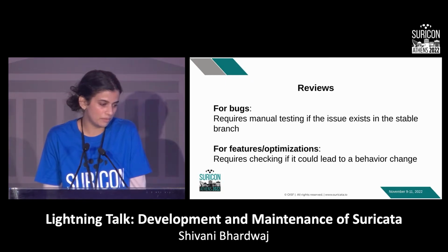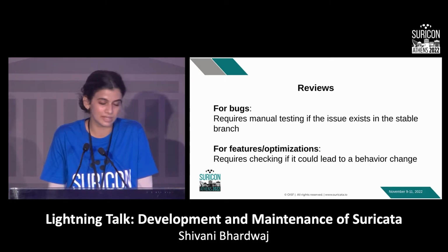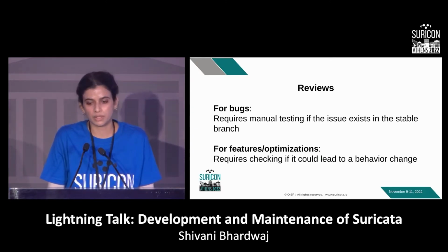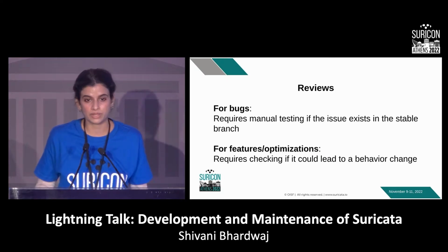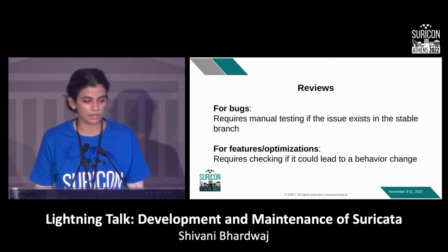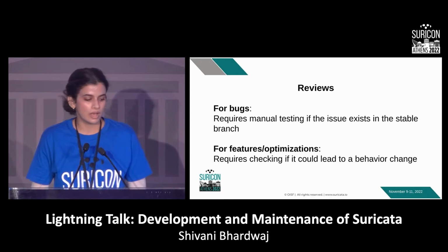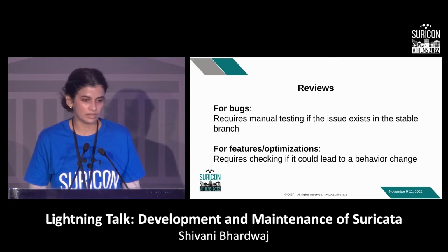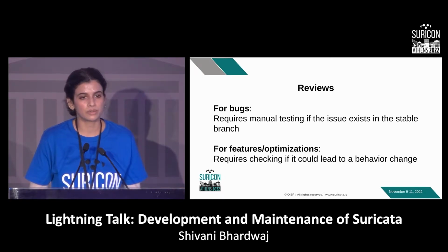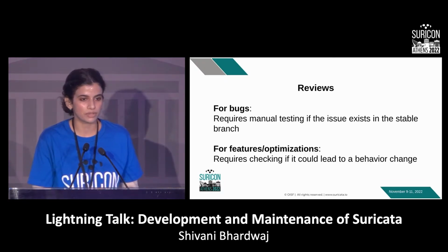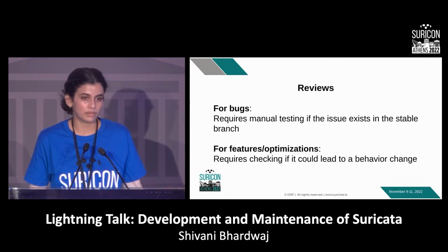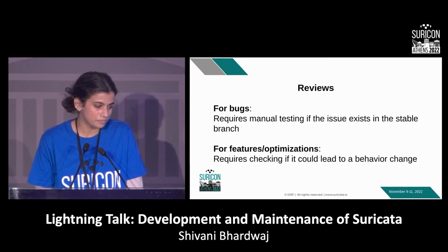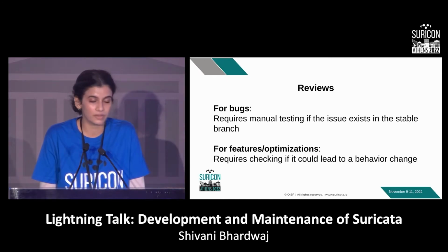So yeah, for reviews, for bugs, we always require manual testing if the issue exists in the stable branch. This is one of the things that you as a contributor, if you are reporting a bug, could also help us with. If you think that there is a parallel stable branch running, you can check if the same bug exists in that branch and make that label for that branch in the same ticket. And for features and optimizations, we always go about checking if it could lead to a major behavior change.